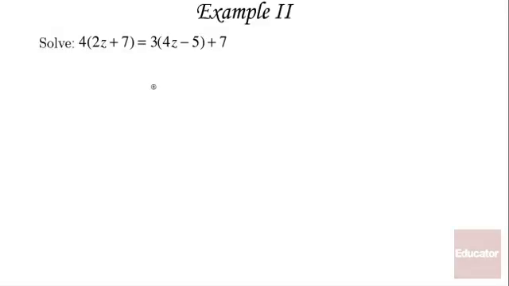In the second example here, I have grouping terms. I have parentheses. At the beginning of this lesson, I talked about how you sometimes need to use the distributive property in order to eliminate the parentheses before you can go any farther with these kind of equations. So once again, I have an equation in which I have variables on both sides.